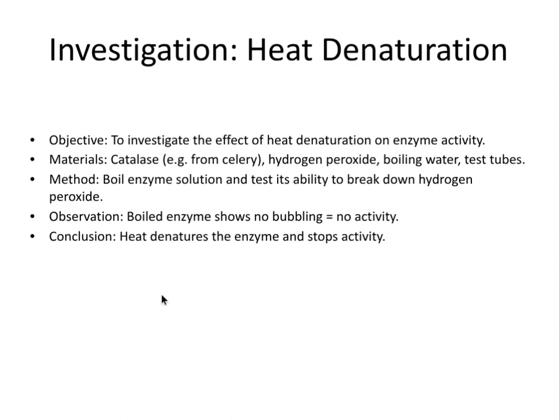Method: boil the enzyme solution and test its ability to break down hydrogen peroxide. Observation: the boiled enzyme shows no bubbling, no activity. Conclusion: heat denatures the enzyme and stops activity. This experiment is really important to learn off.